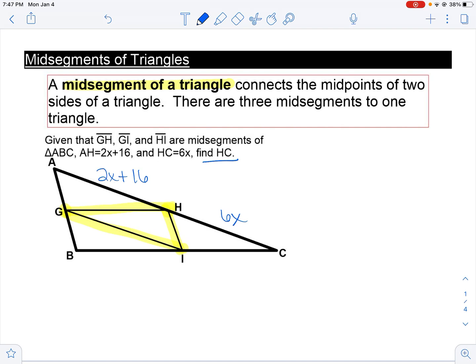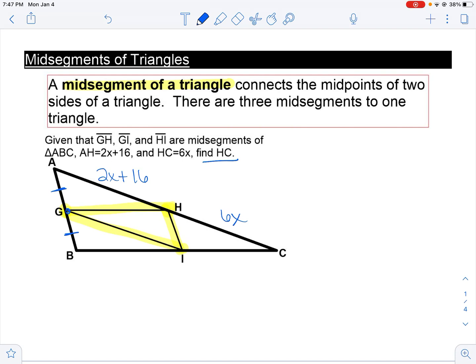So let's take what we know about a midpoint. If I look at the midpoint G, a midpoint is going to cut a segment into two equal halves. So that means G is going to cut segment AB into two equal or congruent pieces.